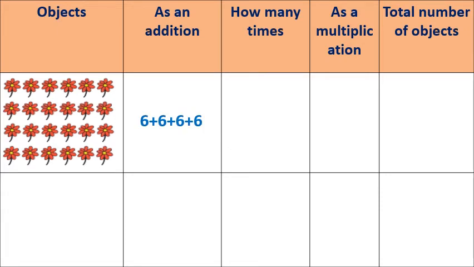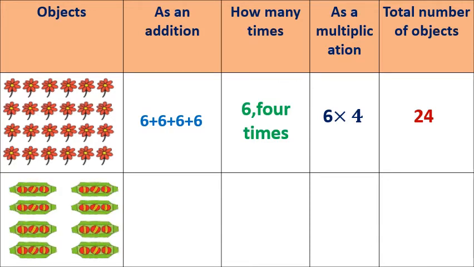Correct? Now how many times did we add 6? 4 times we added. Now in the multiplication form, 6 4 times is nothing but 6 4s are. Okay? Now what is the answer here? 6 4s are 24. Isn't it? Means there are 24 flowers in 4 rows.